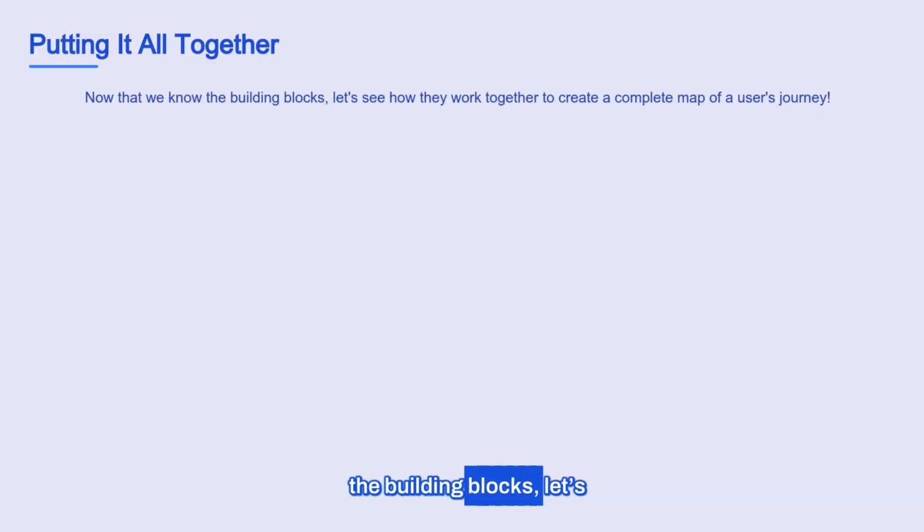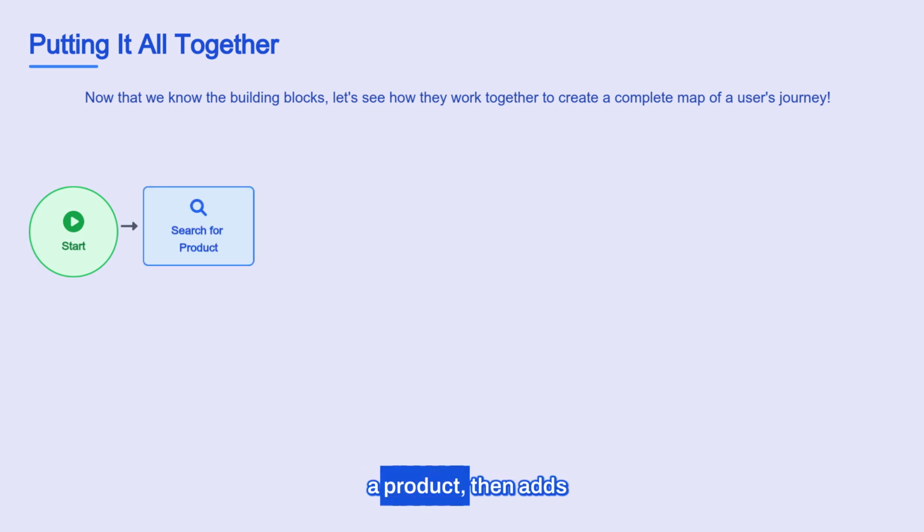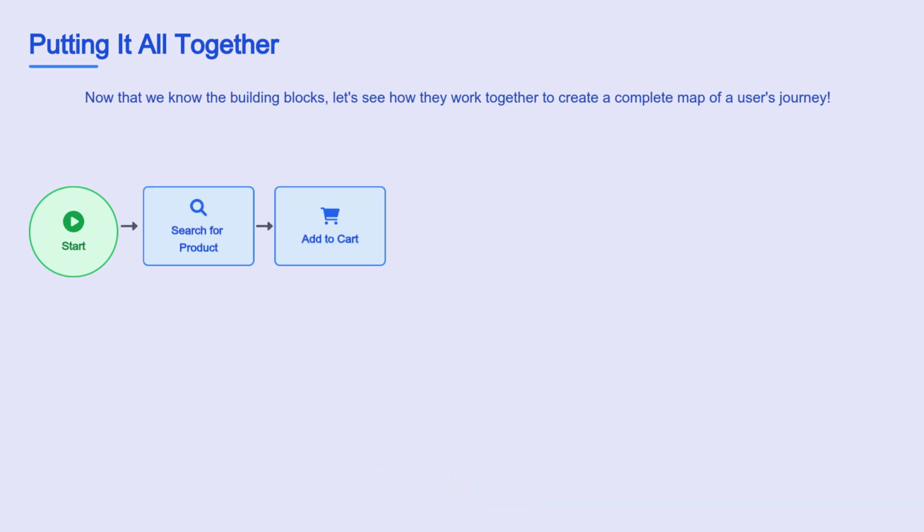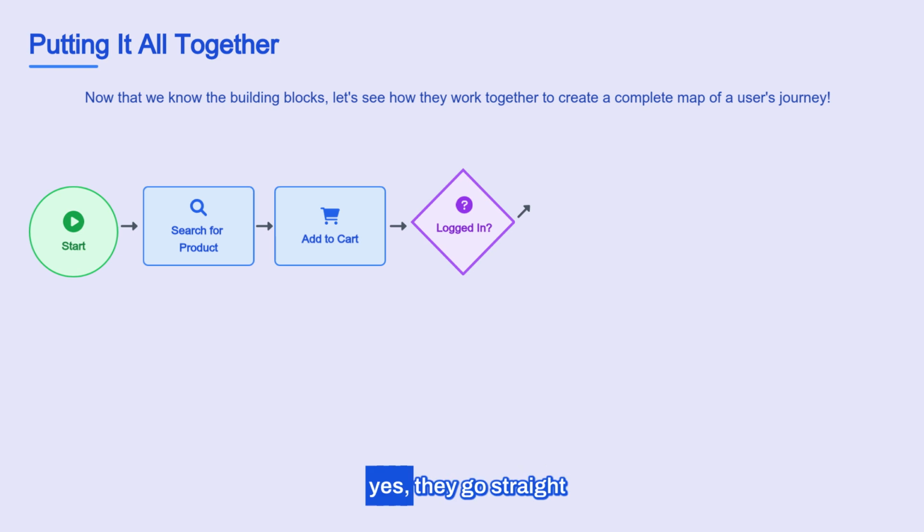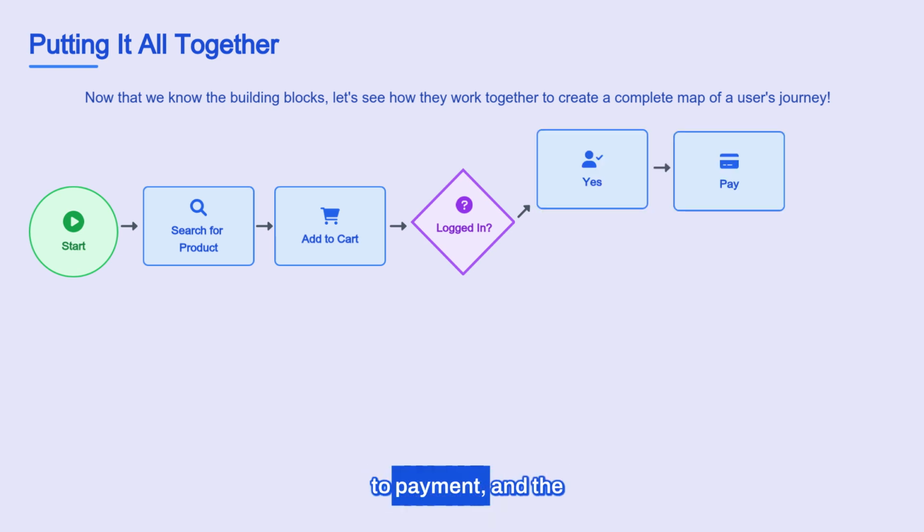Putting it all together. Now that we know the building blocks, let's see how they all work together in a complete user flow. The flow begins with the start point. The user searches for a product, then adds it to the cart. At this stage, there's a decision point. Is the user logged in? If the answer is yes, they go straight to payment, and the flow ends with order complete.